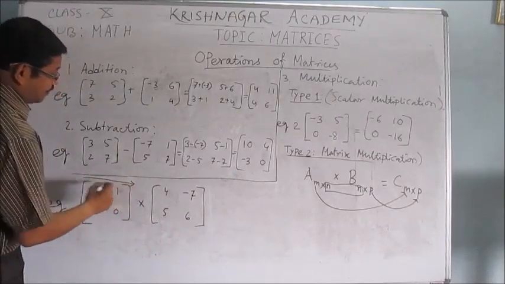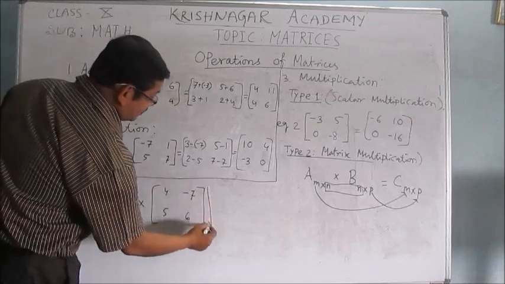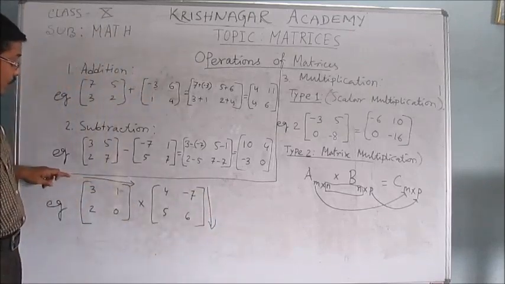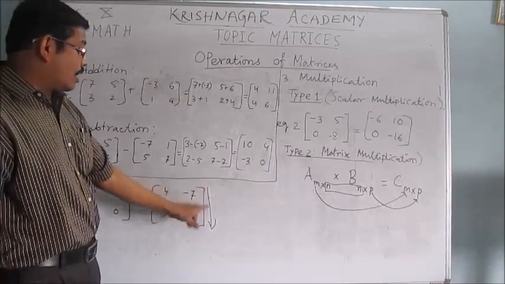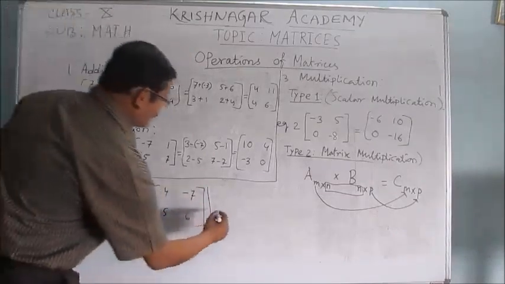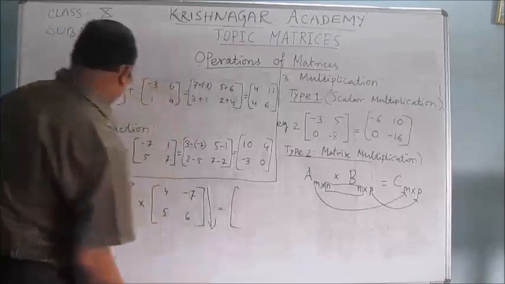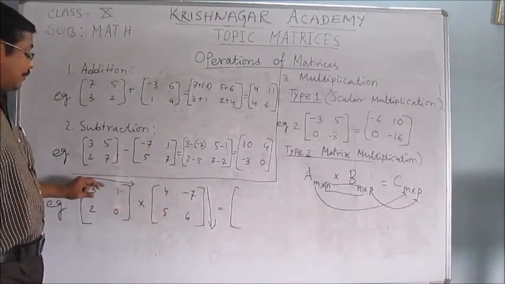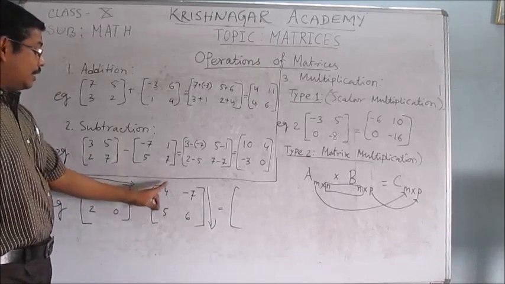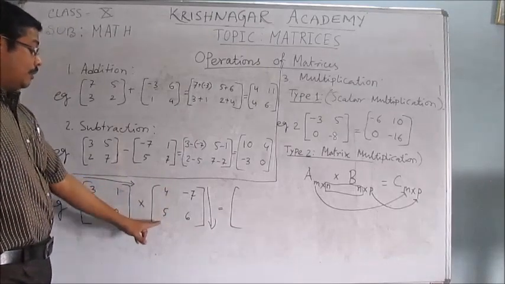First you see I have given two arrows. In the first matrix I have given one arrow row wise and in the second matrix I have given arrow column wise. So the procedure of multiplication is row into column. The corresponding element of the row multiplies with the corresponding element of the column.